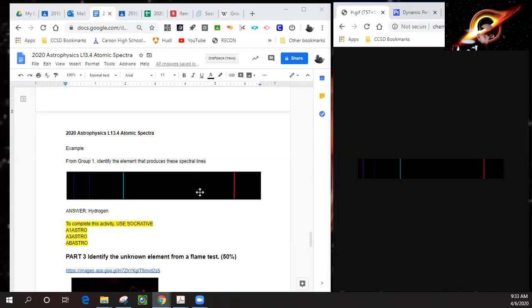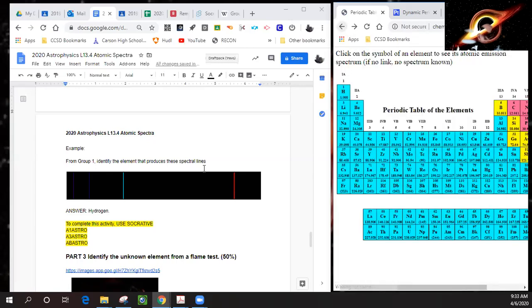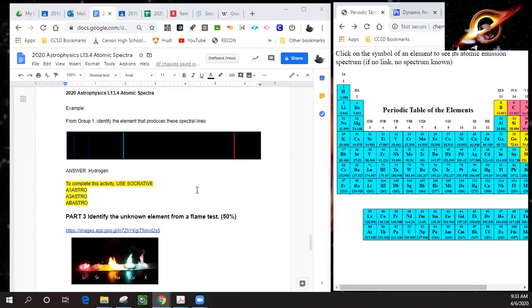I'm going to say that this is hydrogen. So the answer is hydrogen. On Socrative, there are about 7 of these I want you to do. There's a couple from group 1, some from group 2, one from group 11, and one from group 18. You want to answer those questions on Socrative. That will be part 2. It's about 50% of this assignment.